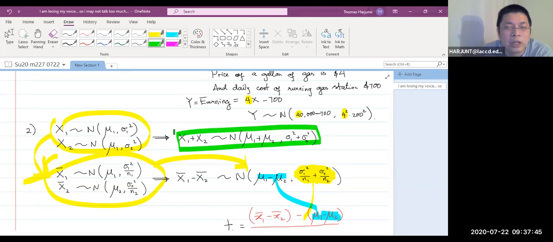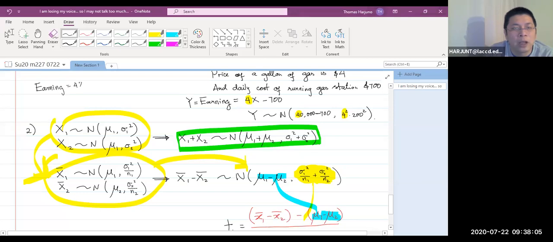Okay, what happens if the price of a gallon of gas is 4 and the price of a gallon of diesel is 3 and the cost of running the gas station is 700. So the earning will be 4x1 plus 3x2 minus 700, right? Okay, so the earning will be distributed in a normal way with mean 4 times 10,000.